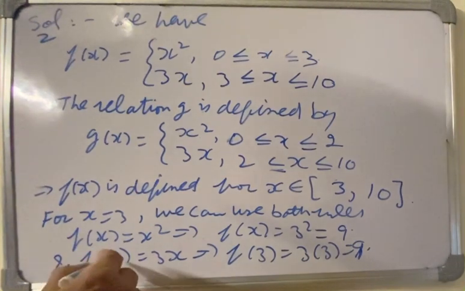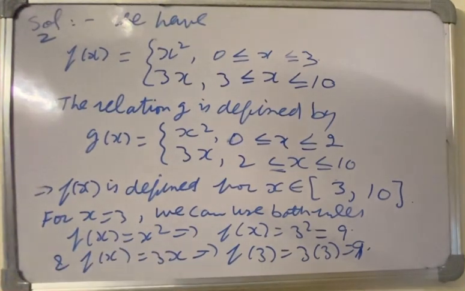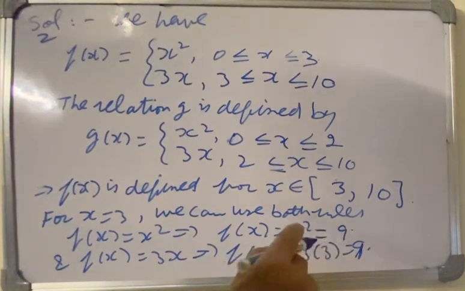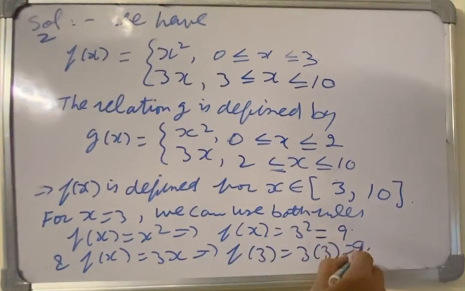Then for the relation 3x, for the element 3, the image is 9. That means 3 has not different images. 3 is the element of domain. So if the element of domain has same image in the range, then that is a function.